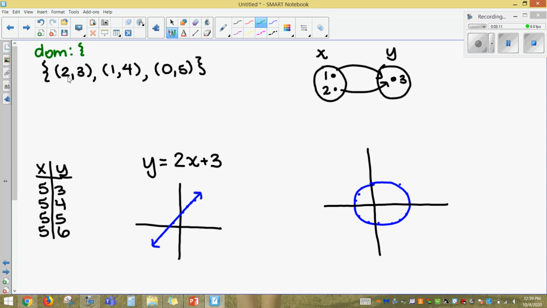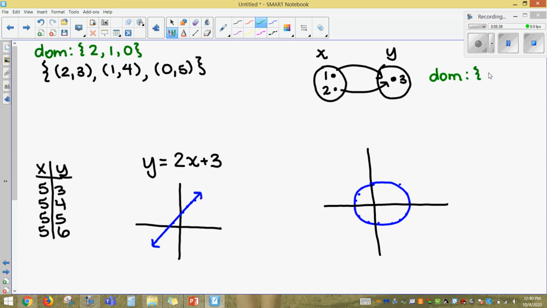So if I look at the top left relation here, and I look at the x values that are used, it looks like I use the values 2, 1, and 0. You can write those values down in any order that you want, smallest to largest, the order that they're listed, however your favorite order goes. It's fair game to write them down in that order.